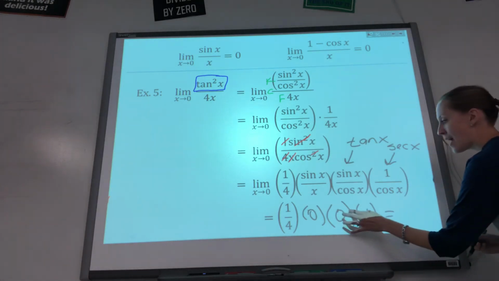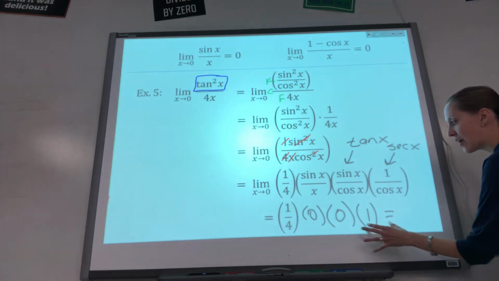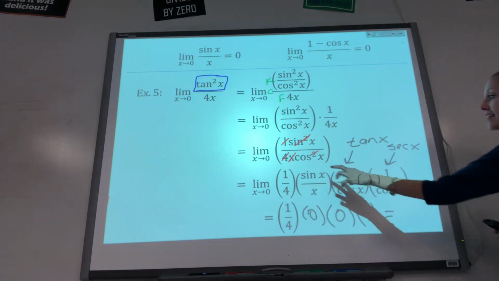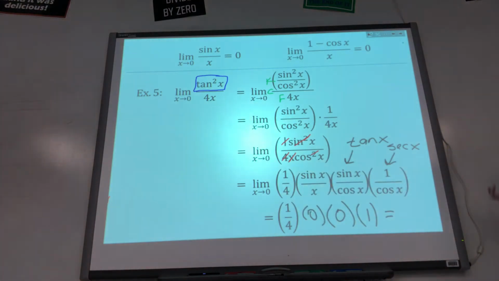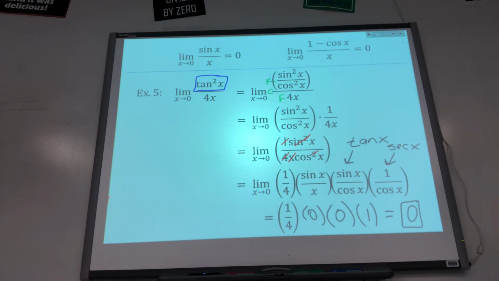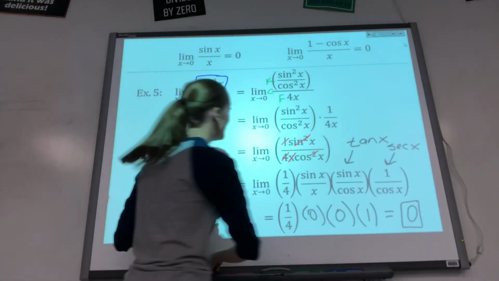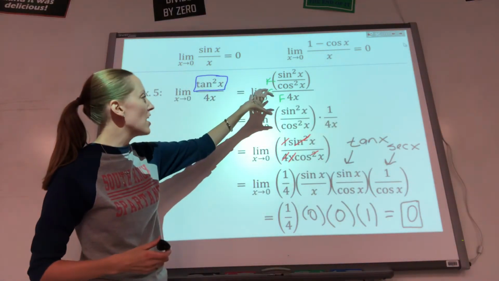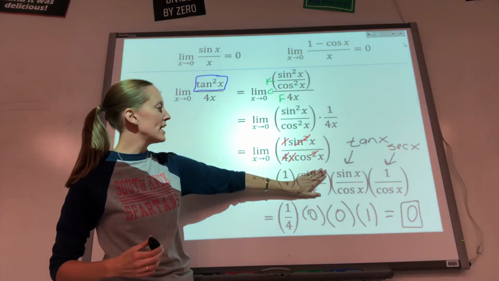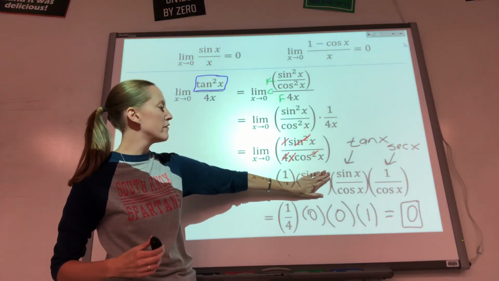Again, that might have been a little extra work at the end, because once you see that you're taking the 0 times something else, the whole thing just ends up being 0. However, it is still important to know how to break that apart, just in case you don't end up with this in your function.